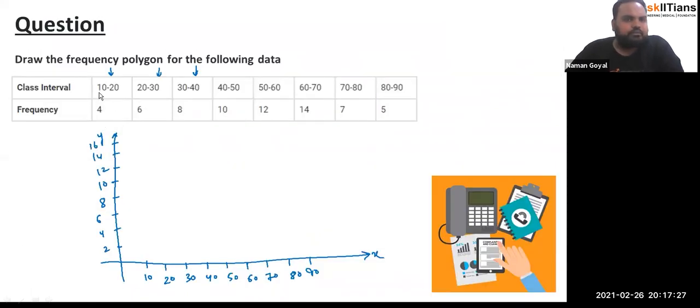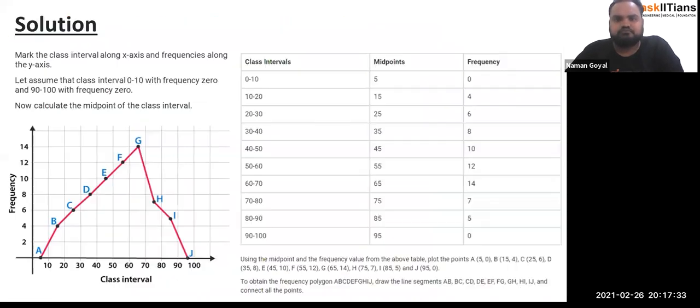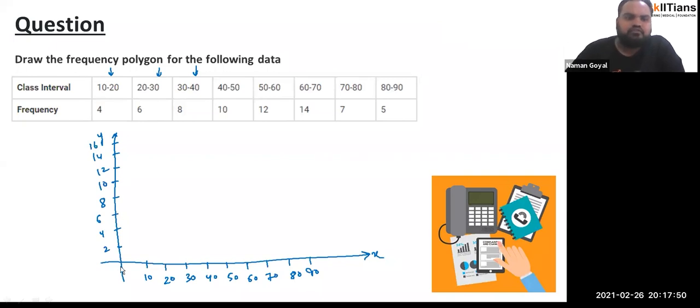Here the class interval is given, 0 to 10, and I will show you this graph. This is frequency, this is class interval. For 0 to 10 the frequency is 0, because there is no 0 to 10 in the data.